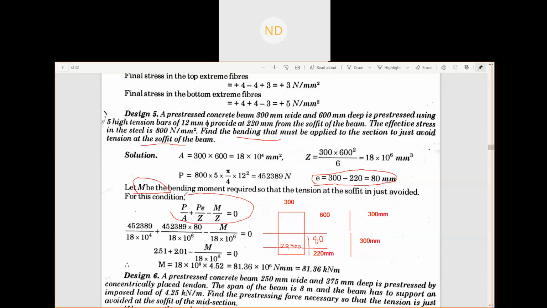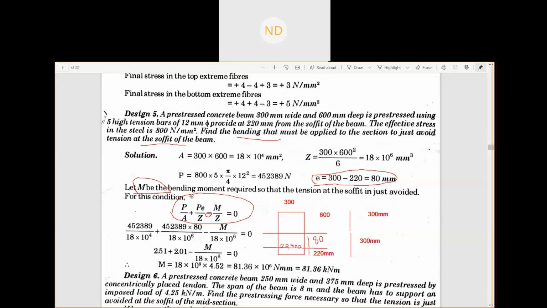So at the bottom, the direct stress is P by A. The stress due to bending is plus minus M by Z, and at the bottom it is minus M by Z. Due to this eccentricity, we have minus plus PE by Z, giving the total stress of this particular beam.